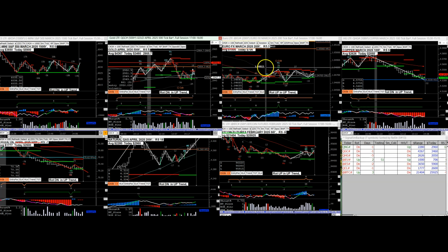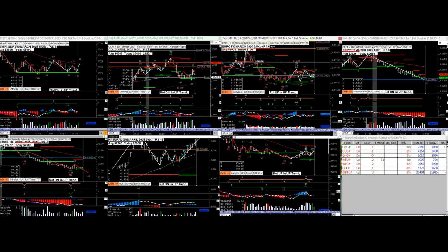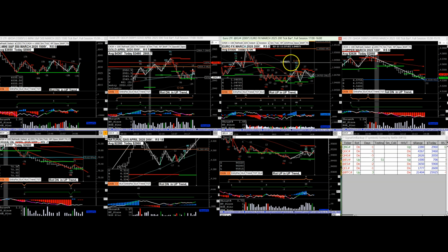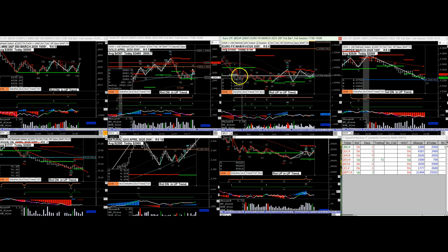All right, same thing over again. On the euro, I think it went to the overnight low, but the session ended. But you see here, it goes down, has a breakout.